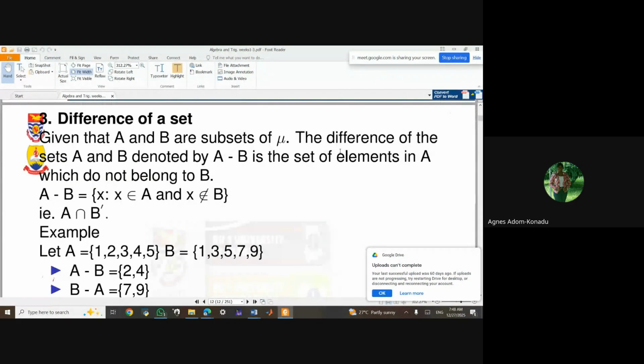Let A and B be sets; the difference of the two sets is this. So here you're talking about elements. If we talk about A and B, then we are looking at only A and B. So the difference, we want to look at elements that are in A but not in B.